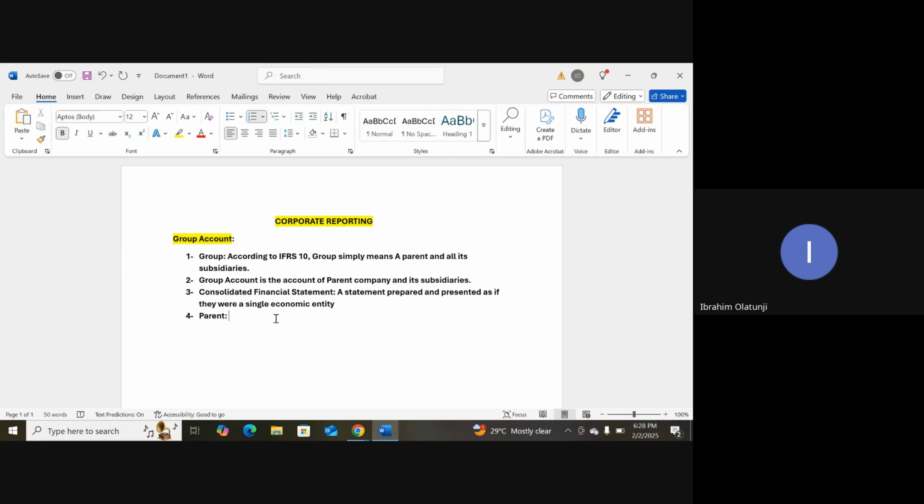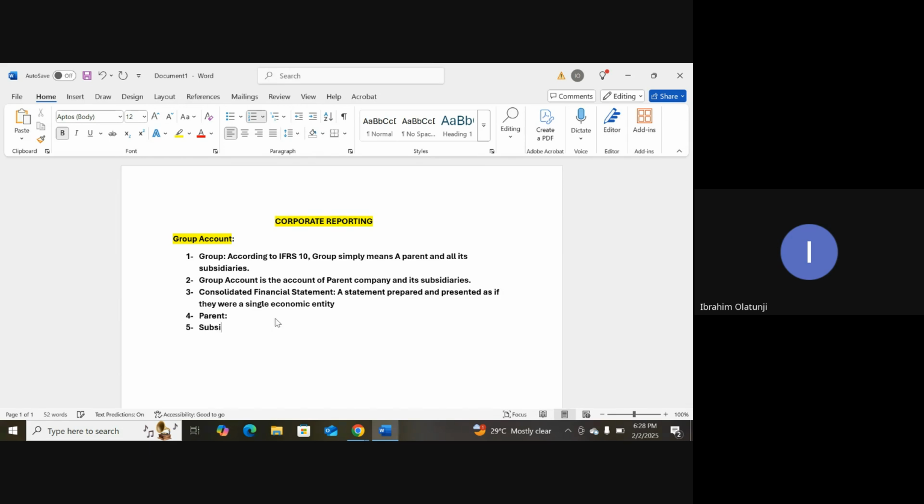That's what I mean by parent, according to IFRS 10. Parent is an entity that controls one or more subsidiaries. Are we together? Yes, sir.